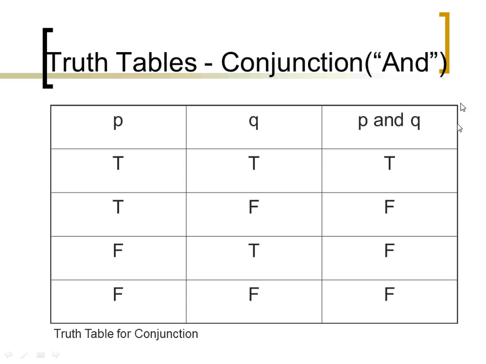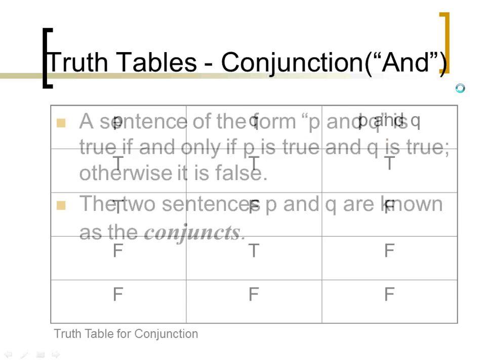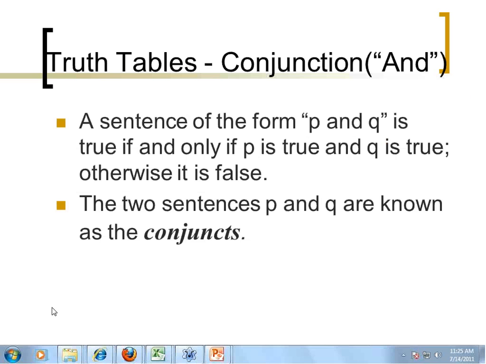So look at the reasoning behind the truth table, which I think we have pretty much covered. A sentence in the form of P and Q is true if and only if P is true and Q is true. Otherwise, it is false. So both statements must be true for it to be true.